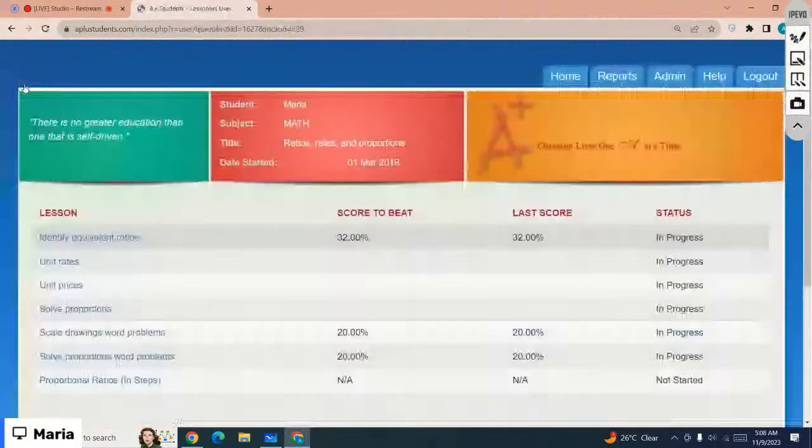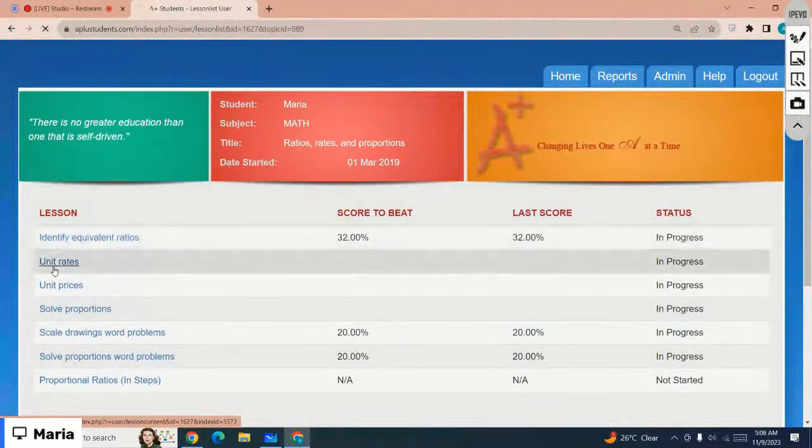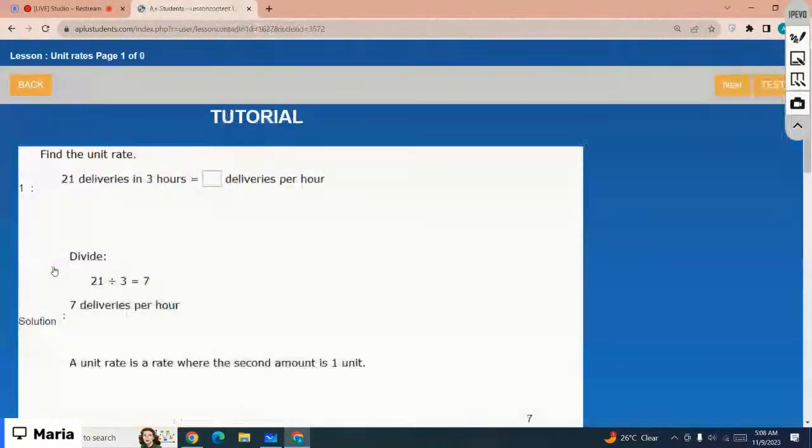The next lesson is unit rates. So let's just start with the next lesson, that is unit rates. So what are unit rates?